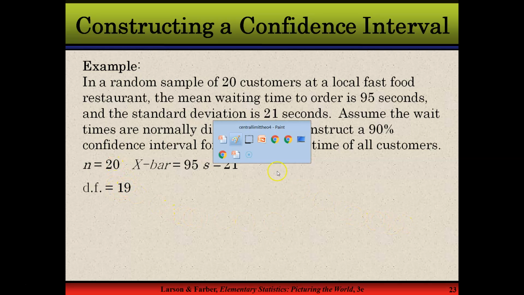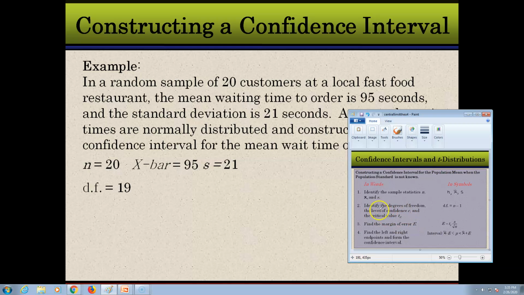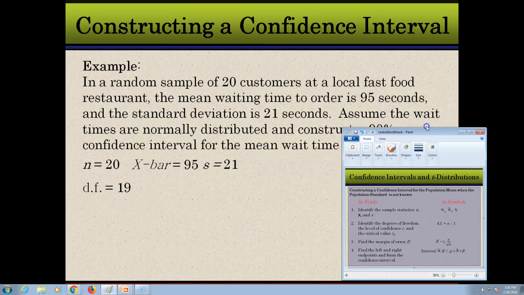The next thing I need to find in that same step, step number 2, now that I have the degrees of freedom, is the critical value. Here, the critical value has a label called TC. That label is telling you that you're using the T calculator, and to use it you need to know your confidence level.